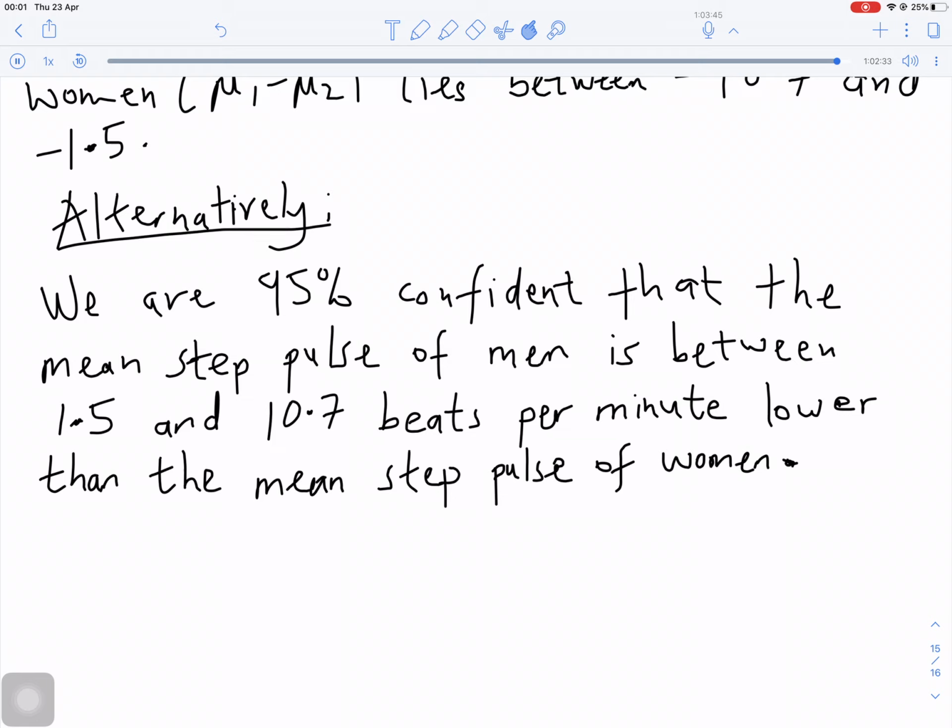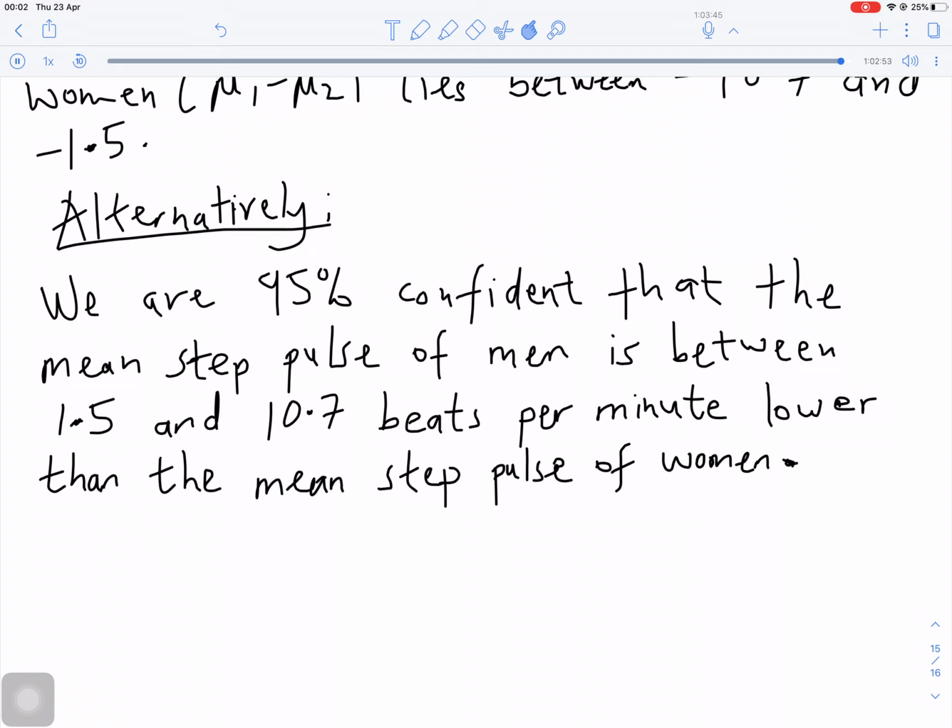Okay, why am I using this here? This is just, by the way, another way to look at it. You realize that we have mu1 minus mu2, right? So if you subtract two values and you have a negative outcome, it means that the value on the left is smaller than the value on the right.